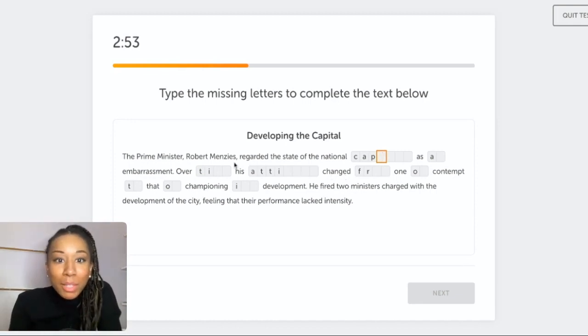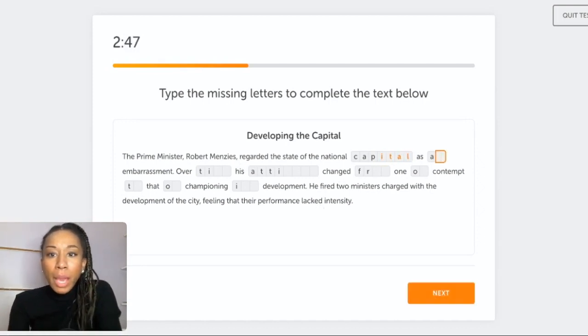Okay, developing the capital. The Prime Minister, Robert Menzies, regarded the state of the national capital as an embarrassment.